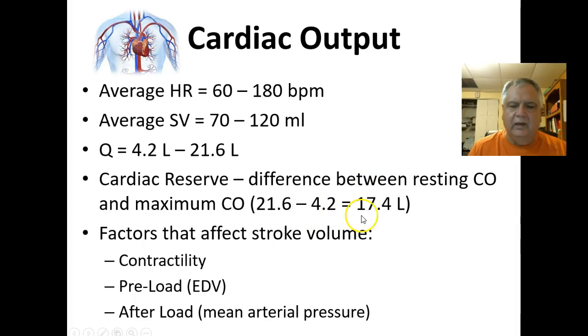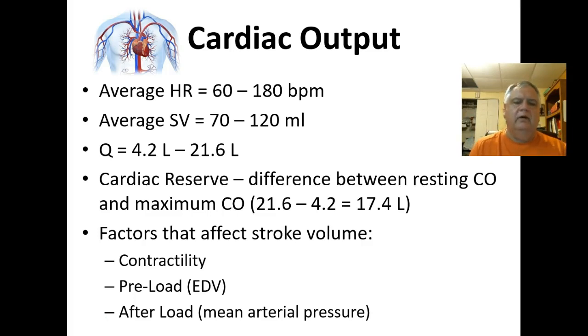What this is saying is that if you're at rest and you're putting out 4.2 liters of blood in your cardiac output, if you exercise or if you begin to do strenuous activity, you have the ability to increase the cardiac output by 17.4 liters over the course of a minute, if that makes sense.